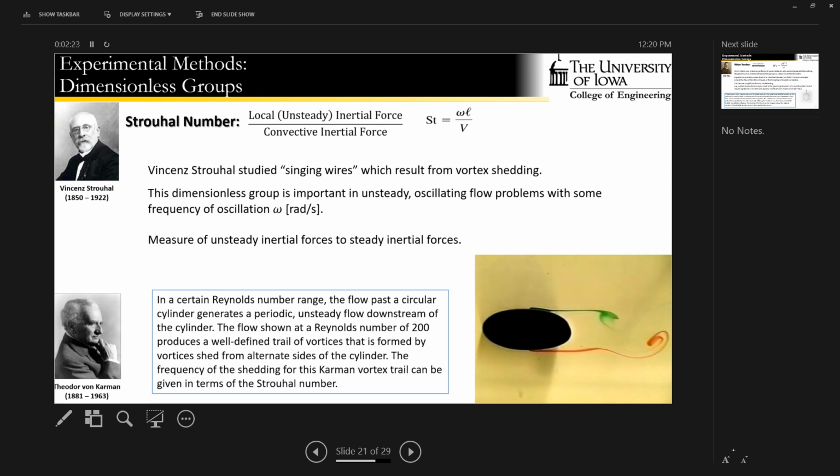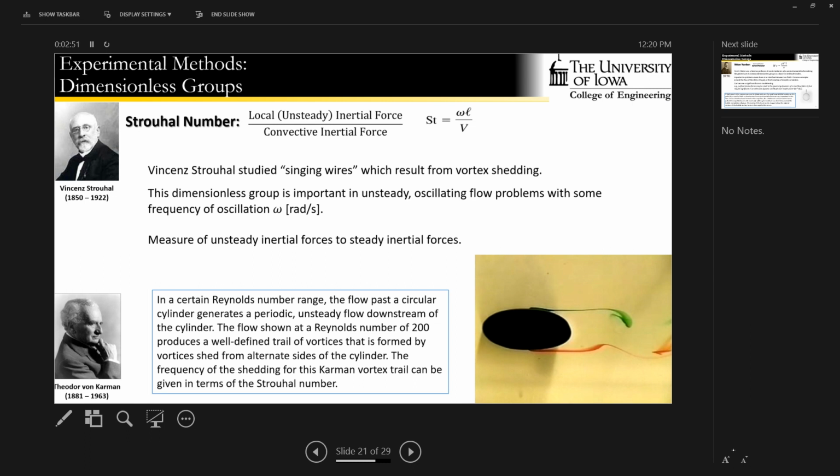Basically, when you've got a bridge piling or some other blunt object with flow past it, you'll get alternating vortices that get shed off of it. If you count the frequency of those vortices, take the length to be the distance between them, and measure the velocity, the Strouhal number will always be the same. It's generally around 0.25, regardless of how big the piling is, how fast the flow is going, etc.